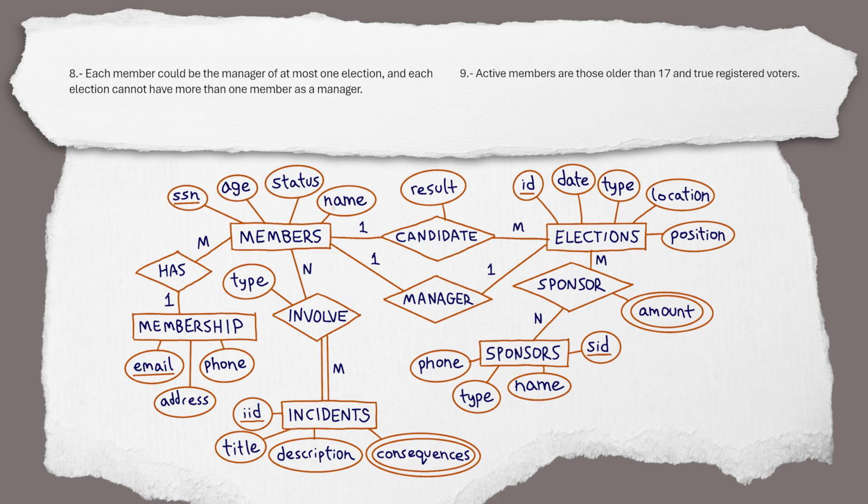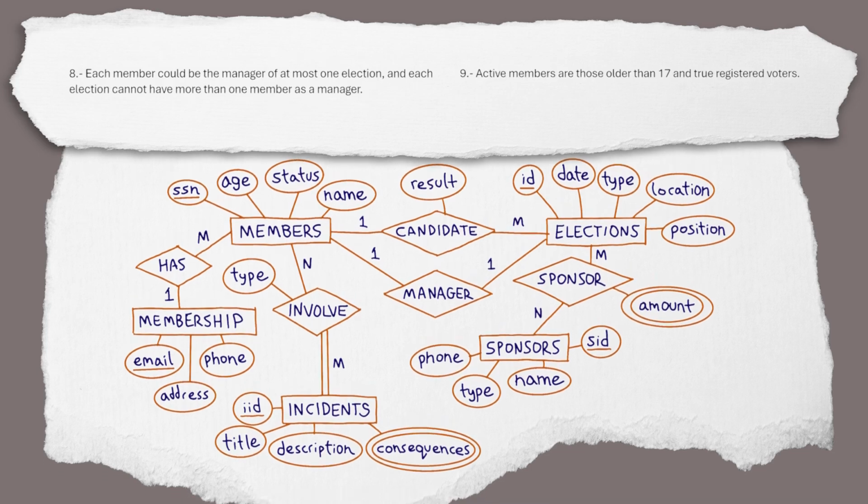For members, we already had information about the age, and we also had information about being registered voters. So requirement number 9, we're not going to include it in the ER diagram. That's something else that we're going to implement later. So right now we're done with the diagram.